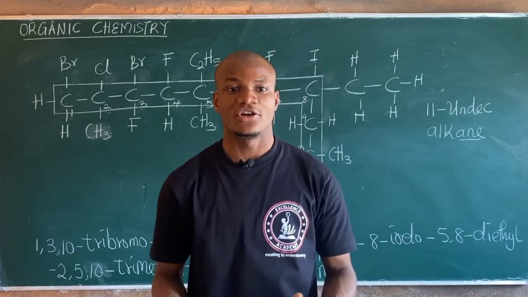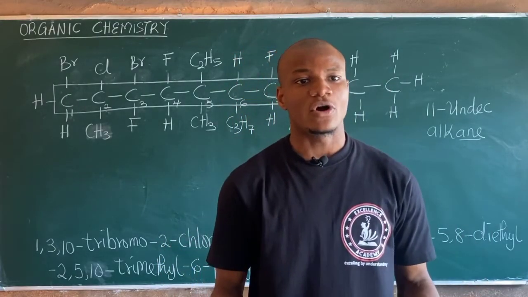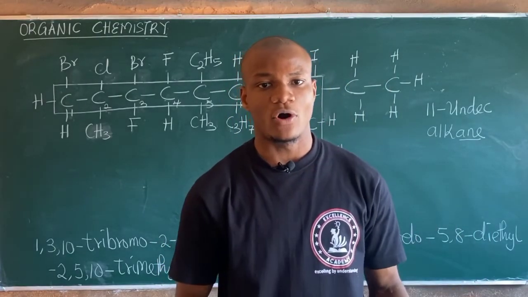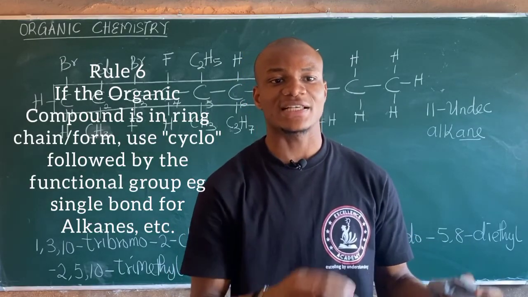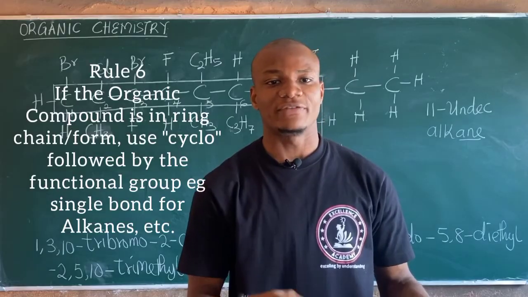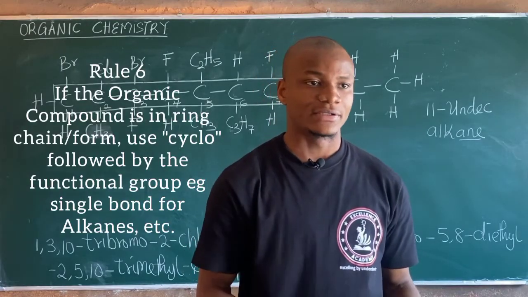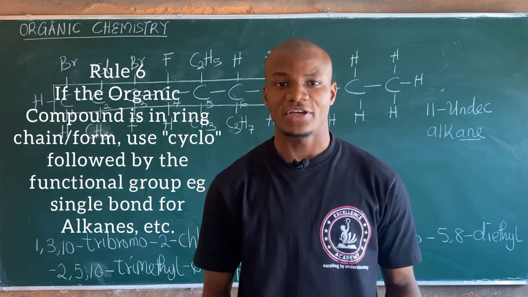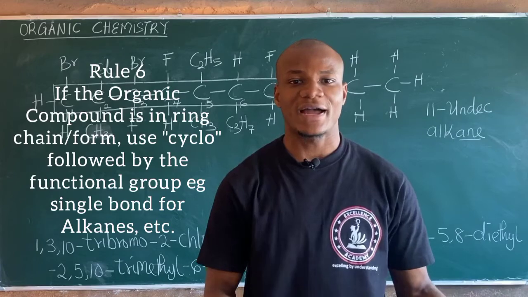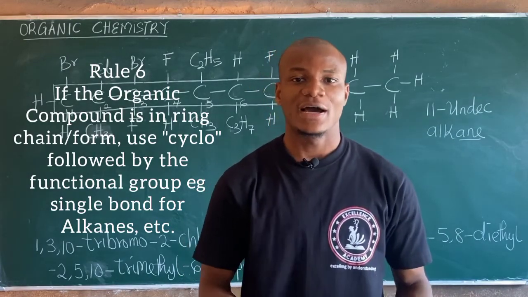So this is how you name compounds of this nature involving organic and inorganic substituents. One final rule is this: if the organic compound is in ring form or ring structure, use the prefix cyclo followed by the functional group. For example, cycloalkane for single bond, cycloalkene for double bond, cycloalkyne for triple bond, cycloalkanol for OH, and so on.